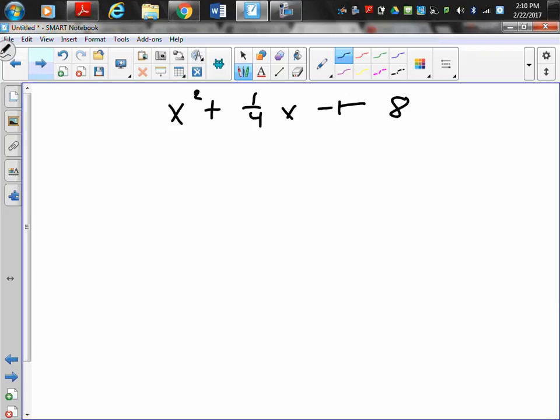Alright, A, B, C. So A is what? 1. B is 1/4. C is negative 8. So it's always x plus b divided by 2. So you're going to punch in your calculator 1/4 divided by 2.